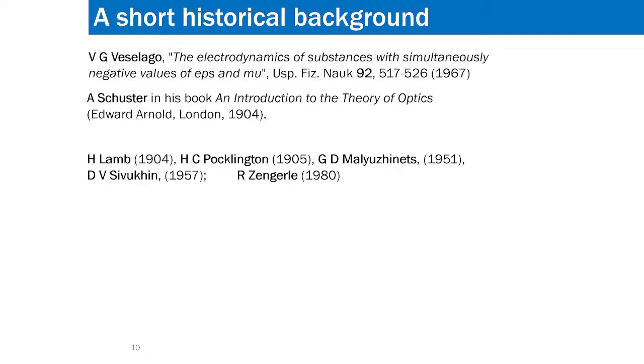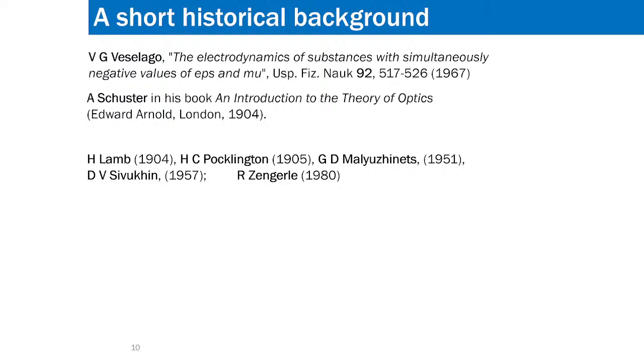Finally, in between Sivukhin and Zengler, Viktor Veselago, a Russian scientist, in 1967 discussed the electrodynamics of a substance with simultaneous negative values of permittivity and permeability.